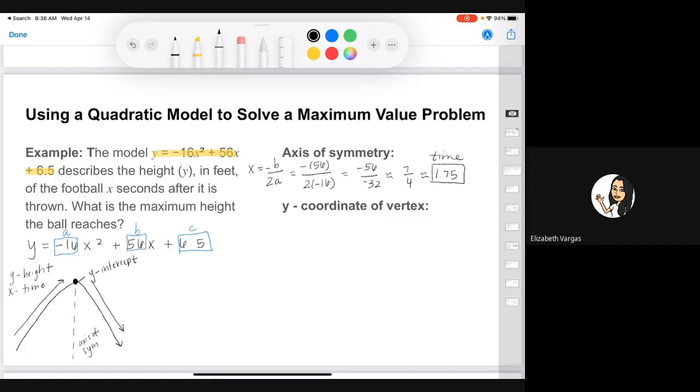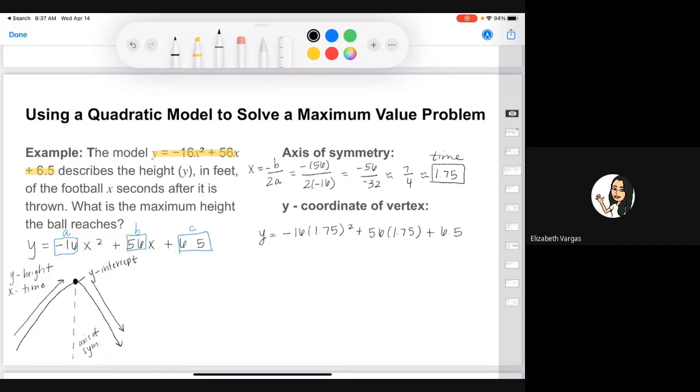And so the way I'm going to look for my y is I'm just going to plug that x into my equation. So negative 16(1.75) squared plus 56(1.75) plus 6.5. Okay, and that will allow me to solve for my y of my maximum height.